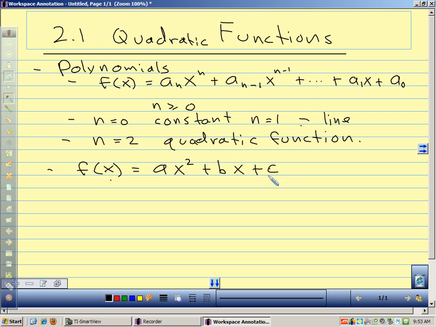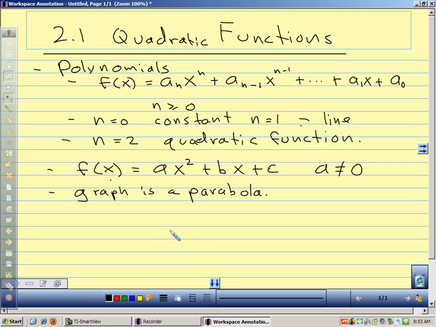And for a quadratic function, we want a not equal to 0. So we want that x squared term in front to have a quadratic function. And we already know what the graph of a quadratic function gives us. The graph gives us a parabola. So we're going to be looking at parabolas and figuring out some things about parabolas, what they can tell us about our function.